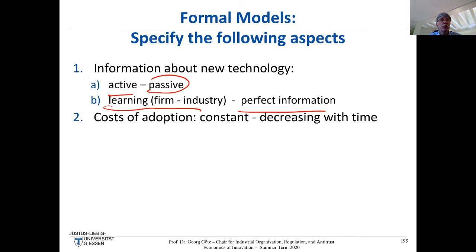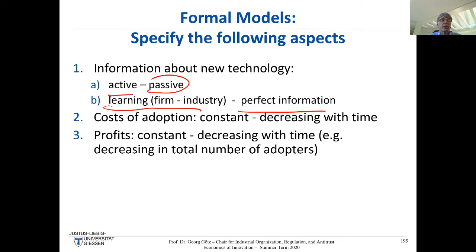And the cost of adoption might be constant over time, or, as with the solar panels, heavily decreasing over time, as you will see in a few slides. And profits might be constant over time. Of course, we always have a time dimension here because this diffusion curve is a curve in time. Suppose you're a farmer: typically you won't be affected much by what your rival farmers do.